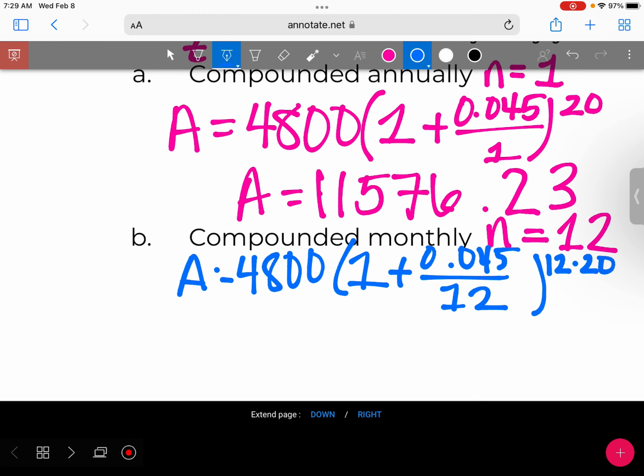And what do you get for A? 11,786 and 24 cents. Good.